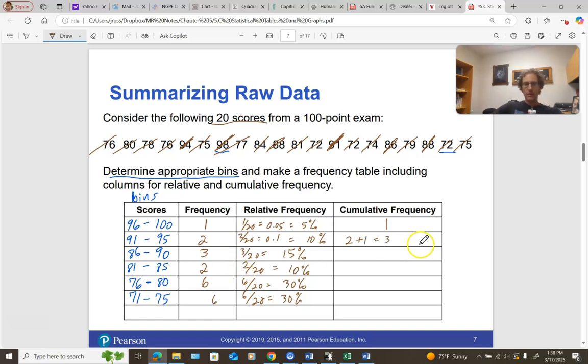Okay, so now you've got 3 total. But now in this next row, you've got 3 more. Okay, so 3 plus the 2 plus the 1 is 6. Okay, so that's why they call this cumulative frequency, because as you go, you're accumulating frequency.